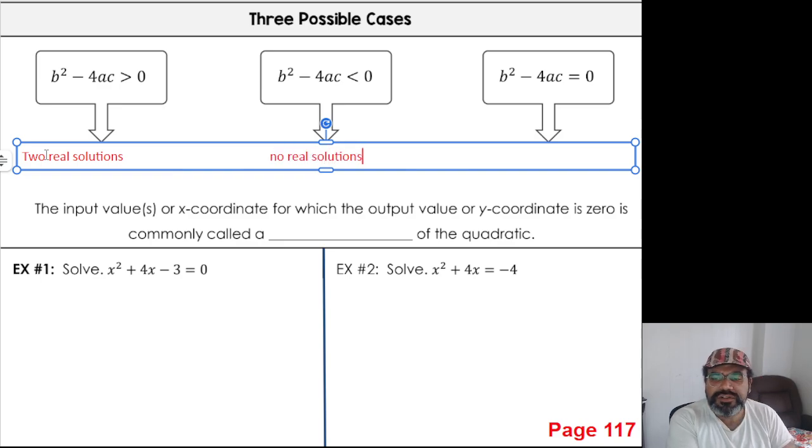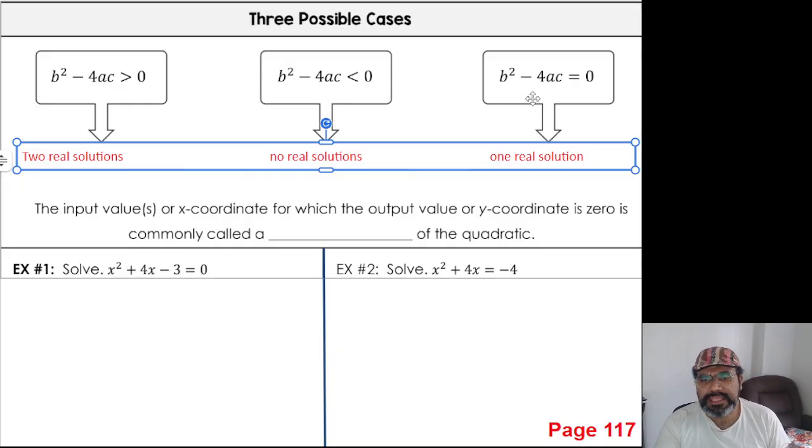We do have solutions, but in another number realm. We're going to talk about this in the future. And when this is exactly 0, the square root of 0 is 0, how many solutions are we going to have? Just one real solution. Attention that we have those 3 situations here. The input value or x coordinate for which the output value or y coordinate is 0 is commonly called a zero, remember we talked about this before.